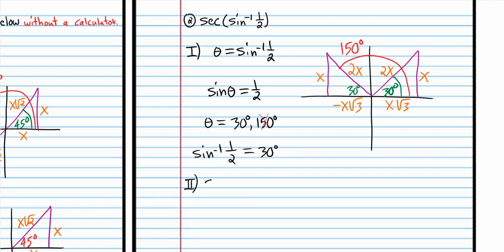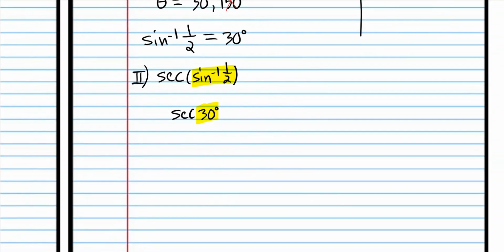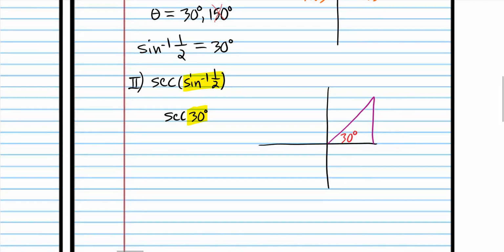So now we're going to find the value of secant of sine inverse 1/2. So sine inverse 1/2 is 30 degrees. We just found that in the previous part of the problem. And now we just have to find the value of secant 30 degrees. Opposite 30 is x, and the hypotenuse is going to be 2x, and the adjacent side is x root 3.